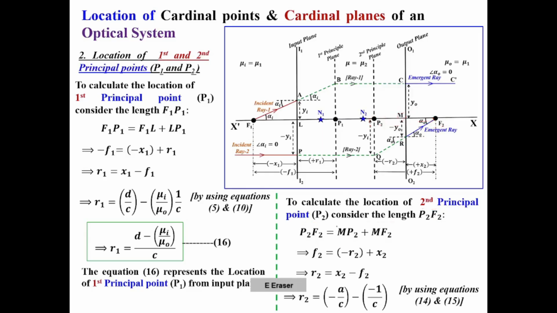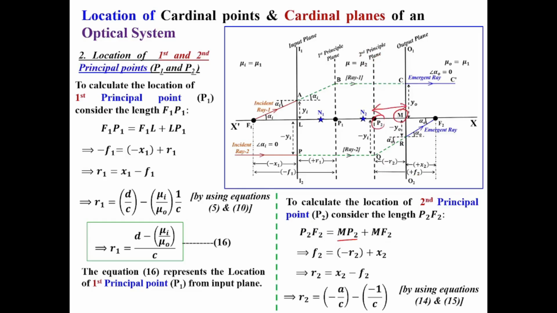So P2F2 is considered plus f2, because the length from the principal plane towards the right is considered positive. It is equal to MP2, this length from the output plane towards the left.